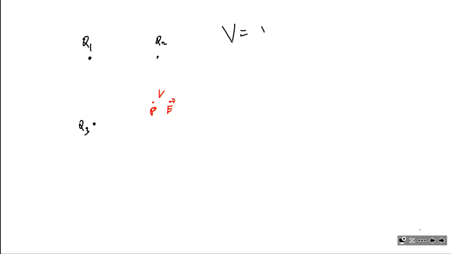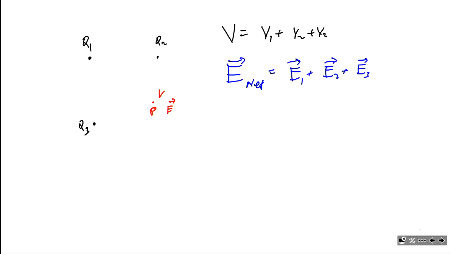Well, for the potential, it's easy. Just add numbers. But for electric field, it's not so easy because you have to add vectors. So the equation is this: E net equals vector E1 plus vector E2 plus vector E3. And if you need to add vectors, you have to draw all those vectors.